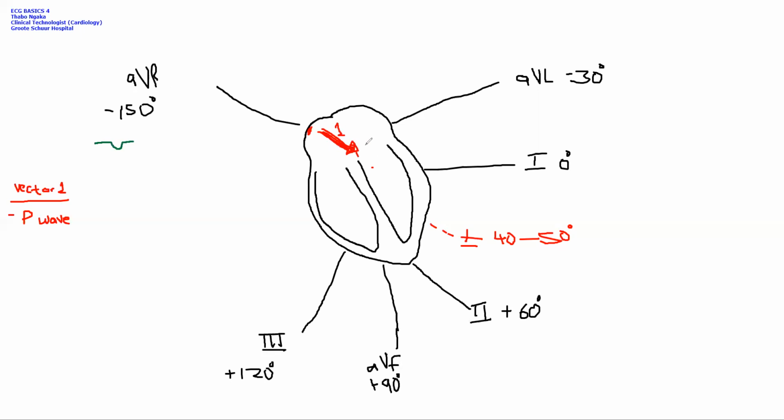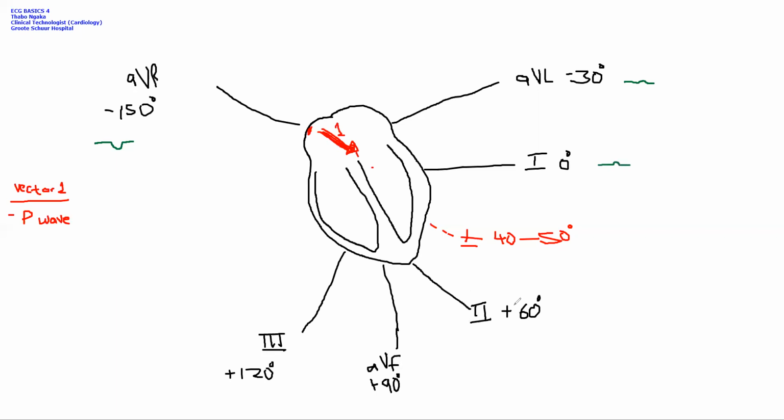And then if you look at the rest of the leads, this is traveling more towards this side, right? So AVL is also going to have a positive P wave, although it's going to be a bit small because it's going at an angle. And then lead 1 is also going to get a positive P wave, but a bit small.